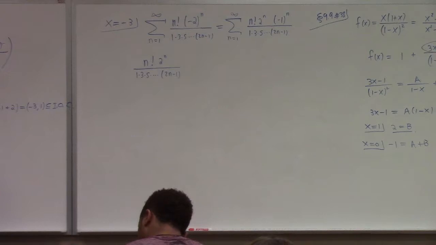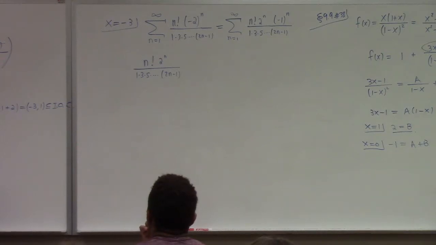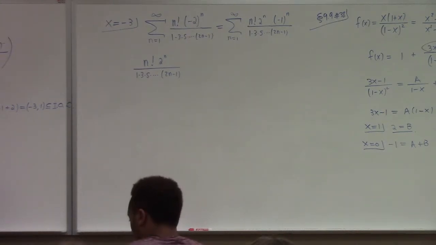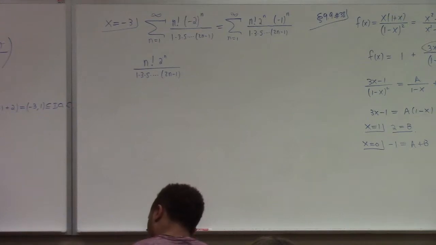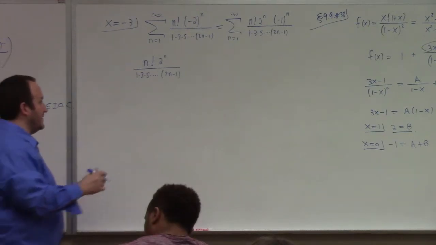How many products are there downstairs? My intuition says n products. If there's 1, it's just 1. If there's 2, it's 1 and 3. If there's 3, it goes 1, 3, 5. You're right. So there are n factors down here, right?